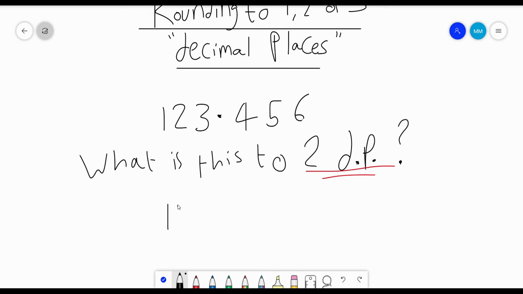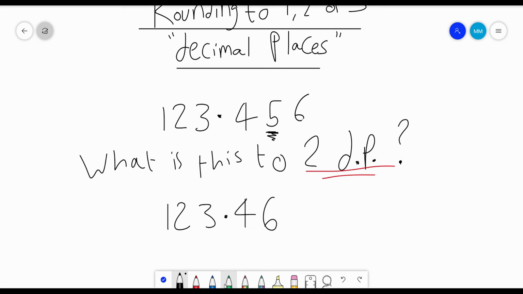So we write 1, 2, 3 point. But before we finish the job, that 5 is a rounding job here. Look to the right, 6. Is that 5 or more? Yes, it is. So the 5 over here now becomes a 6. So we write 123.46.